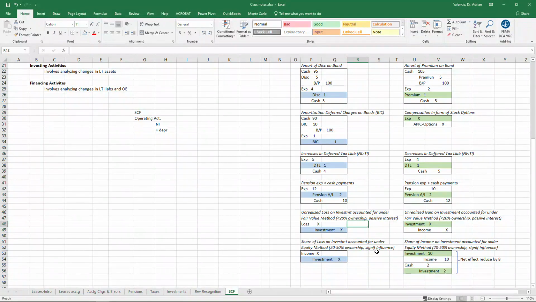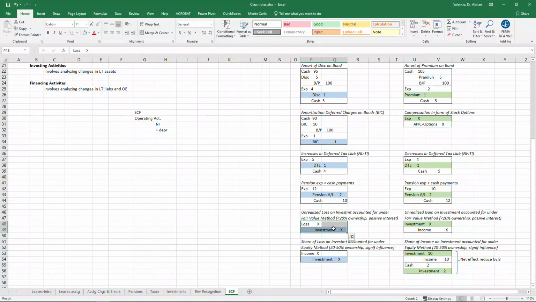Or you might have the scenario where you have a significant influence over another company, and that's when you own 20 to 50%. So you may want to go review the accounting for that so you can understand what I'm describing here. If you have an unrealized loss on an investment accounted for under the fair value method, then what you do is you debit that loss and you reduce the investment amount.